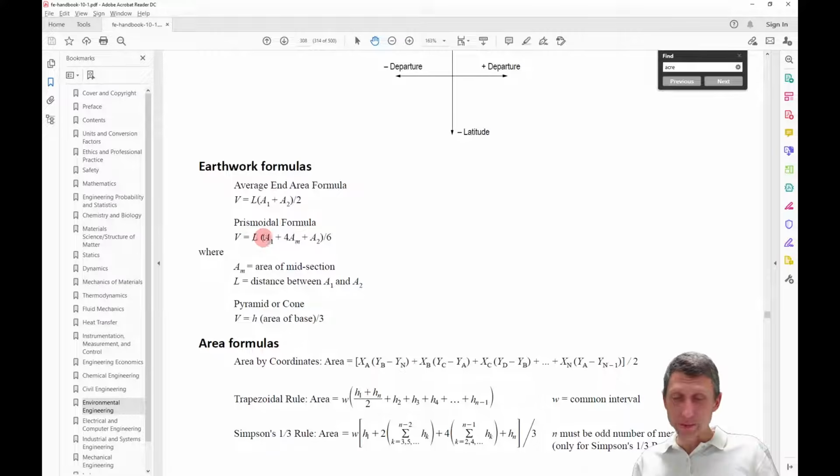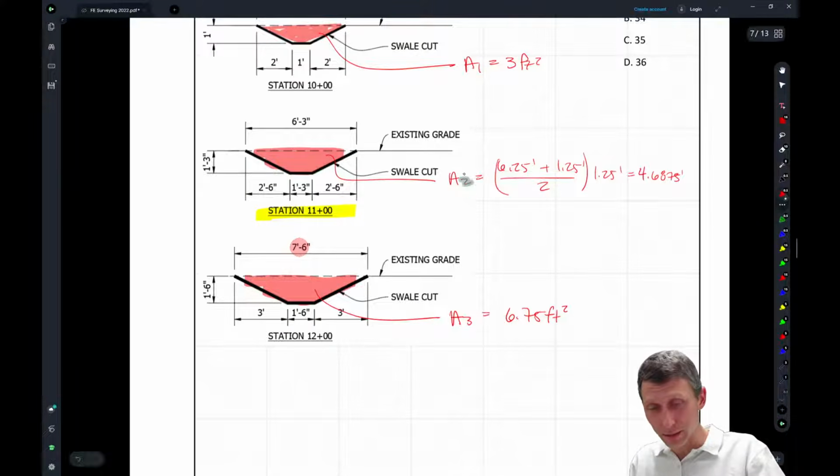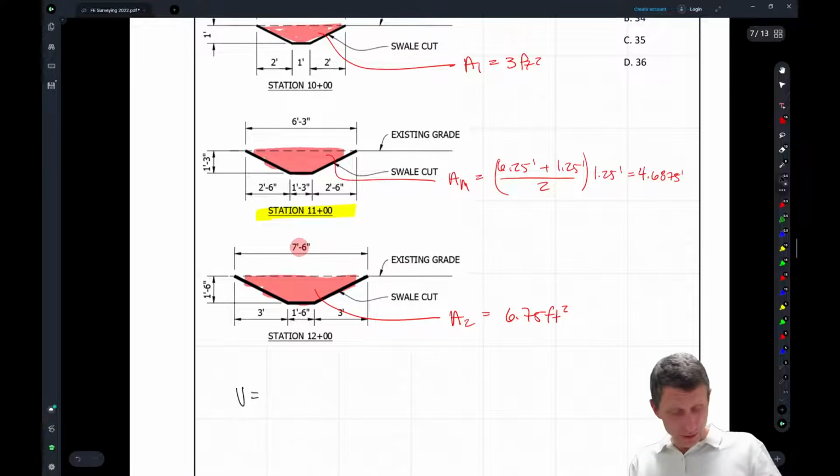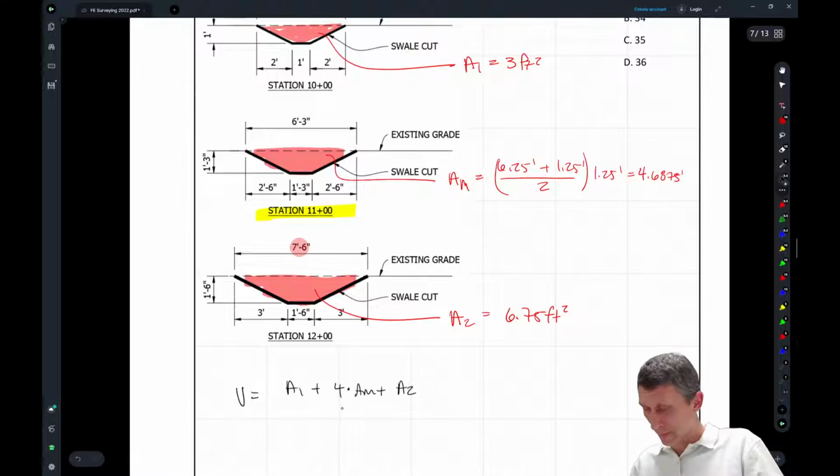Right, this is length times A1 plus 4 times A middle plus A2. So I guess maybe I should have left that A2 and called this A middle. Maybe I'll change that here. Let's make this A middle and let's leave this A2 from up above. Right, and our formula goes, our volume equals A1 plus 4 times A middle plus A2.